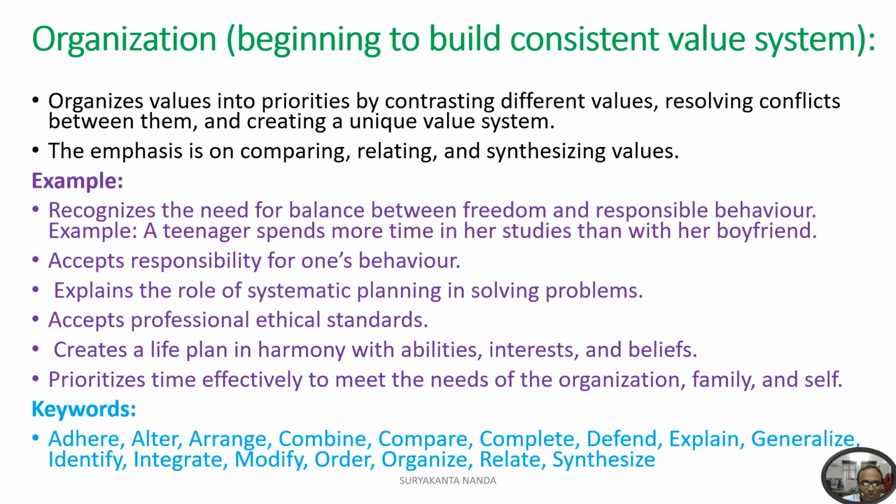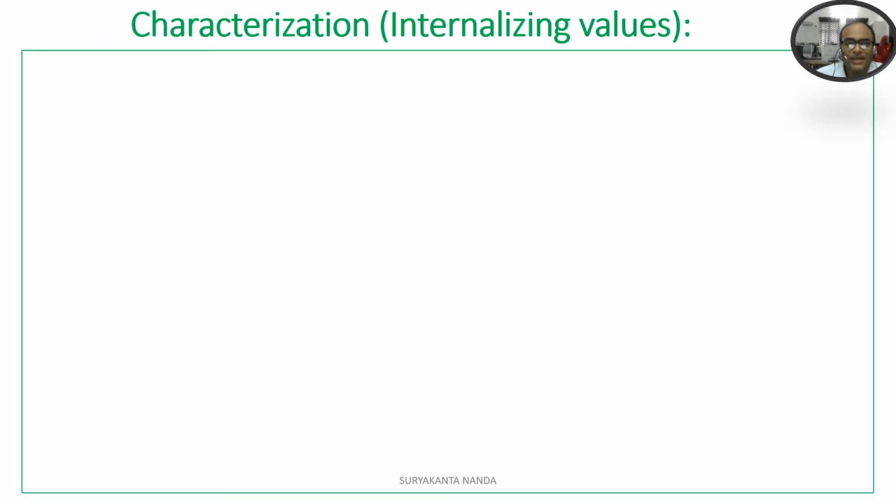The keywords to be used are add, alter, arrange, combine, compare, complete, defend, explain, generalize, identify, integrate, modify, order, organize, relate, synthesize, etc. The next subdomain is characterization, which means internalizing the values.